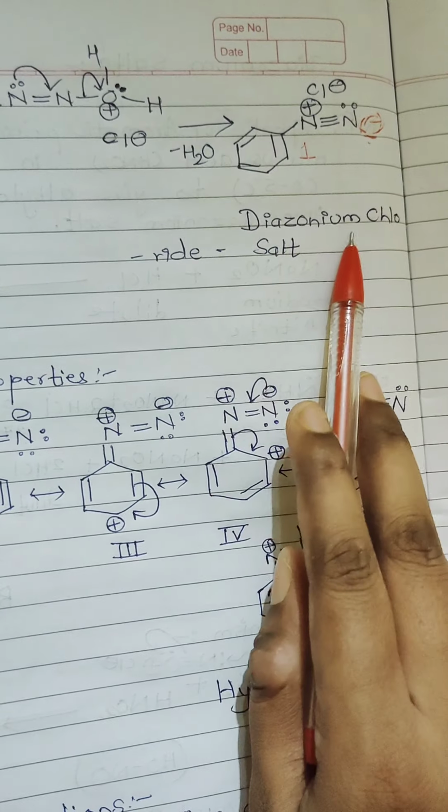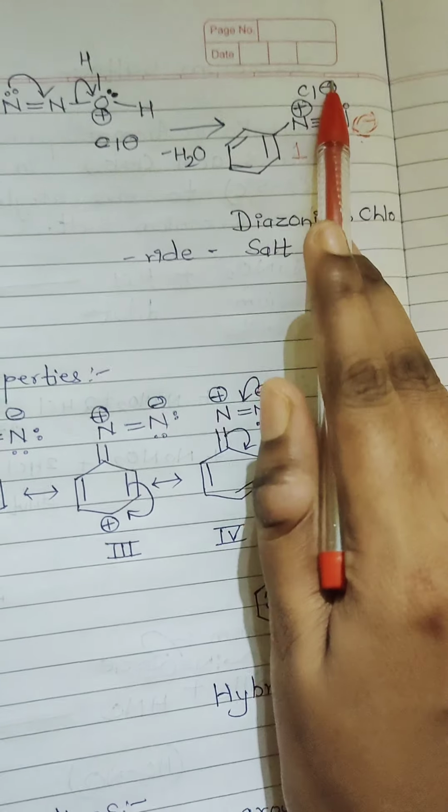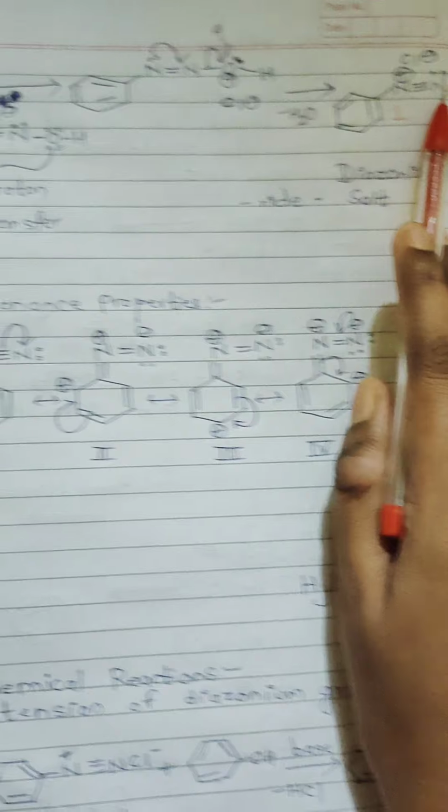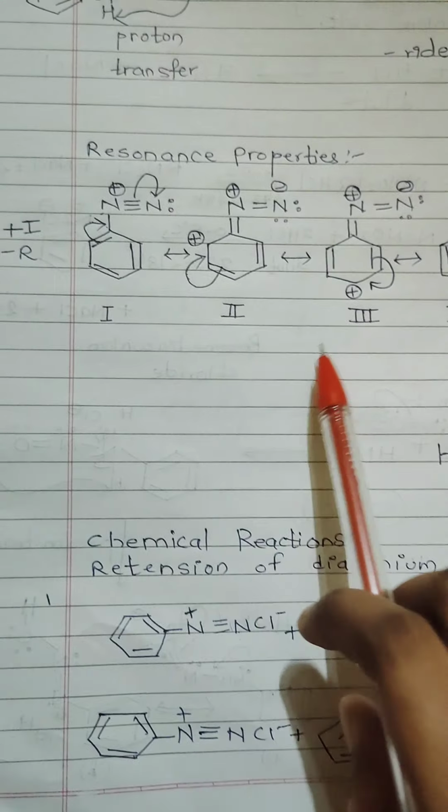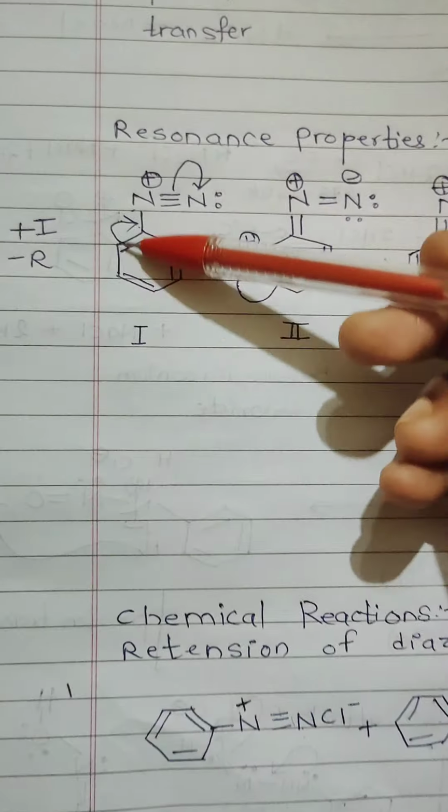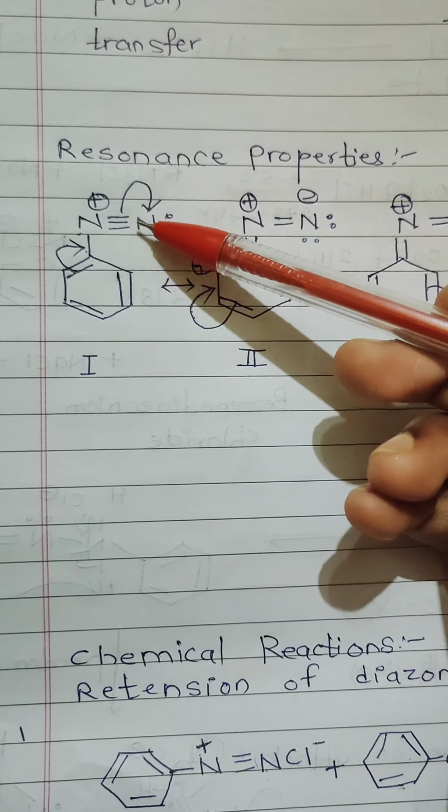So it's a diazonium salt or chloride, because chlorine is present. Next we'll see the resonating structures, which are very important. Like we have taken the diazonium salt.